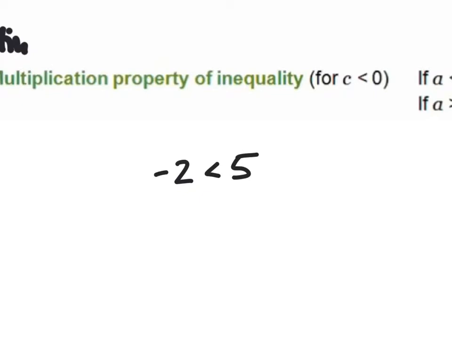Negative 2 is less than 5. What if I multiply both sides by 3? Then as a result, I get negative 6 is less than positive 15. Is that true? Yeah, that's true.